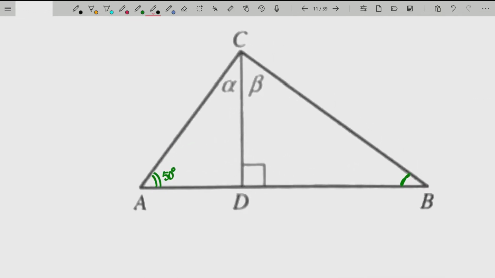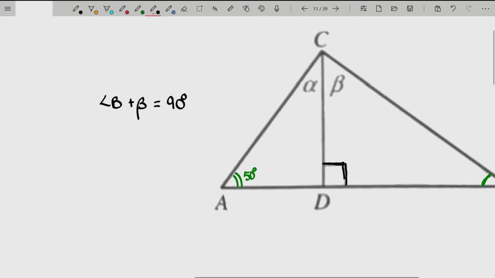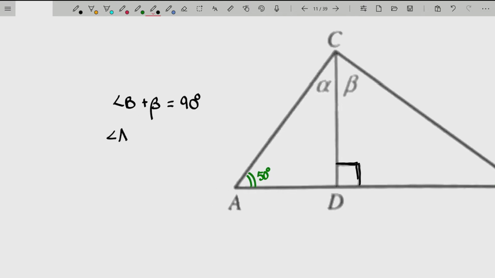But I can find beta at least because I know that angle B and angle beta are complementary. They should add to 90 because 90 degrees is already taken in the triangle right here. So I could say angle B plus angle beta should equal 90 degrees, just like I can say angle A plus angle alpha should equal 90 degrees.